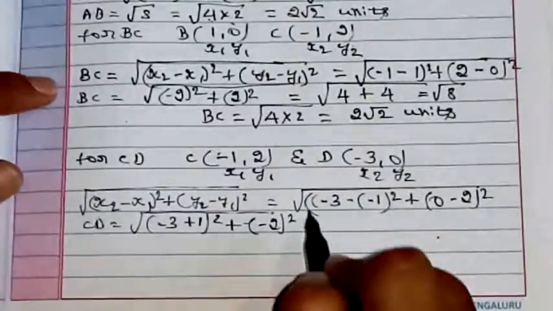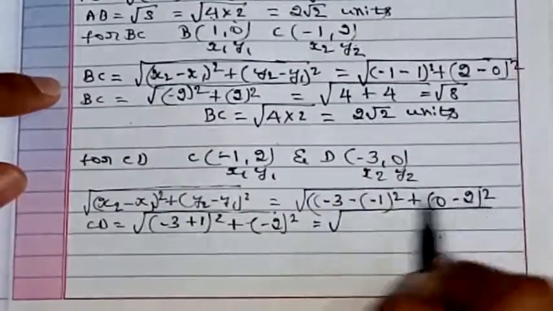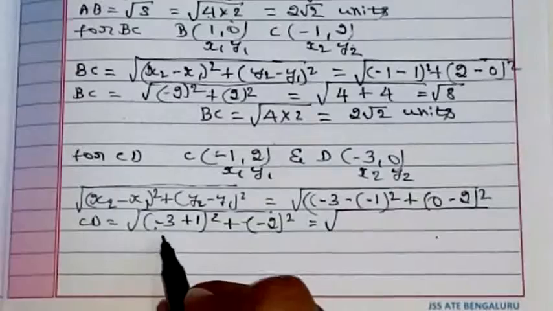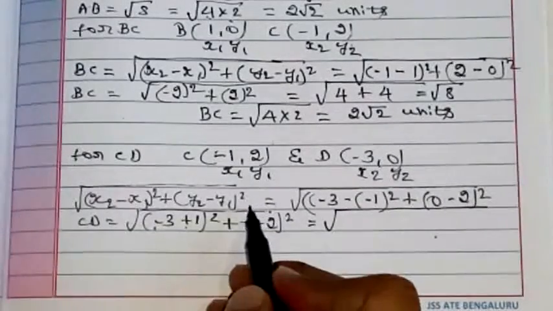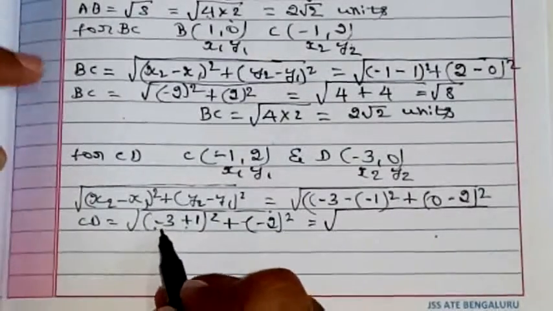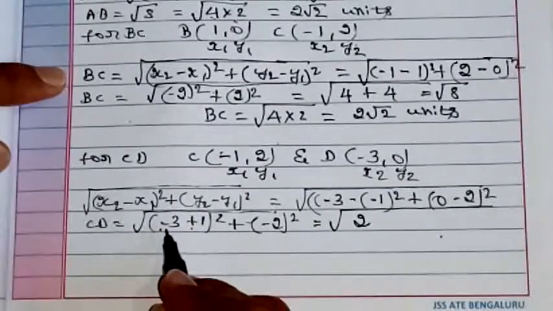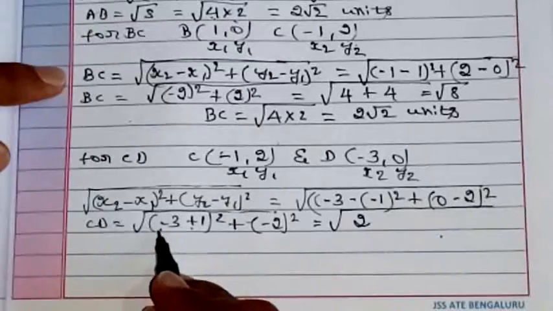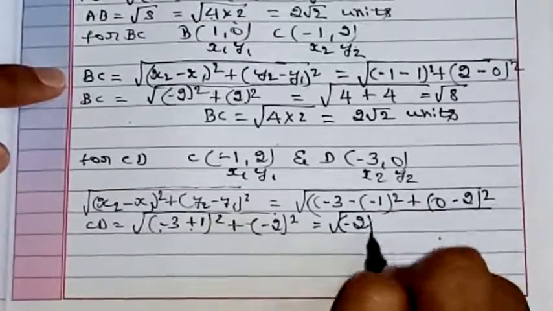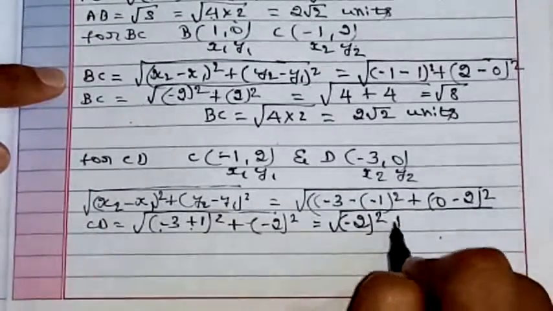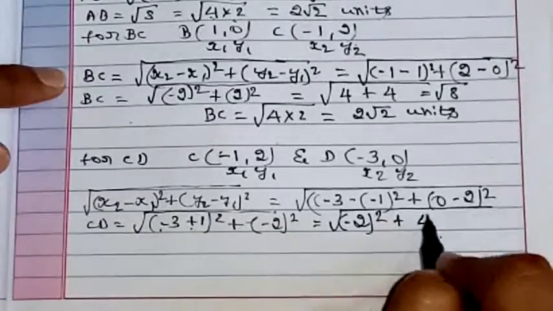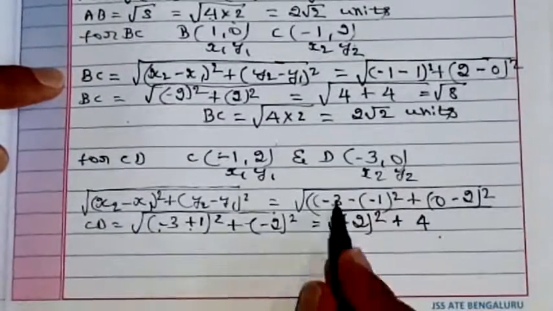So that equals the square root of, now minus into plus is minus, so you need to subtract. So 3 minus 1 is 2. Sign of the biggest number is 3, and sign is minus, so therefore minus 2 whole square plus, any minus square will be plus, so 2 square is 4.